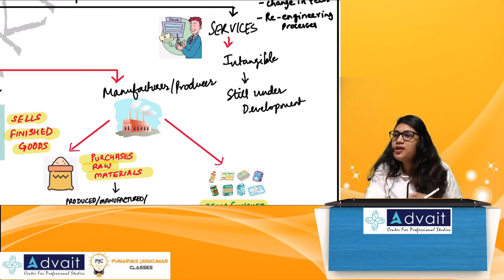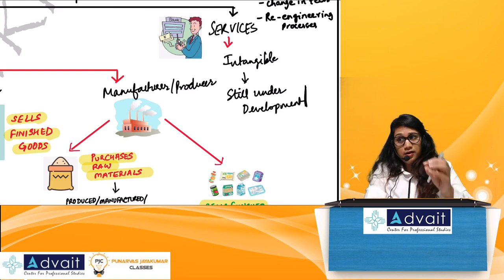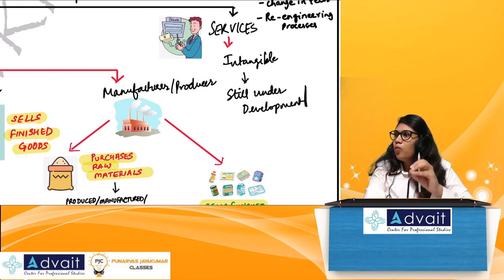Because services are intangible, the process of costing services becomes a little complicated. Certain services are very complicated to understand. What is easy? No problem. But certain services, very complicated to understand. So we are still figuring out ways to cost certain services. So this area is still under development. Nevertheless, we will be studying what is possible, okay, and that will come.